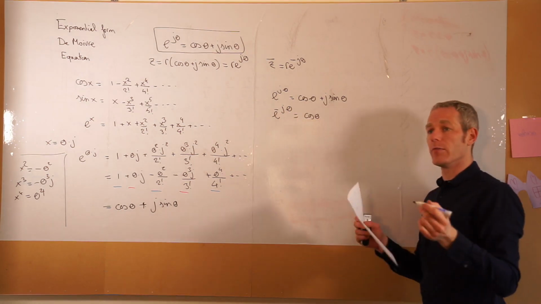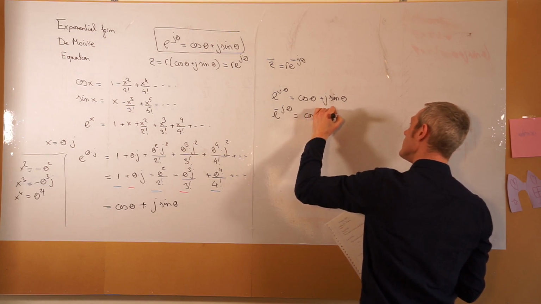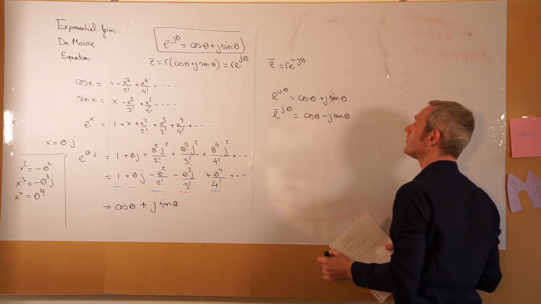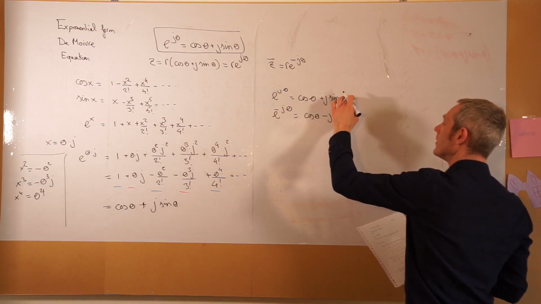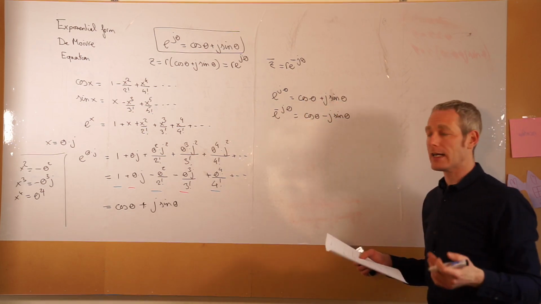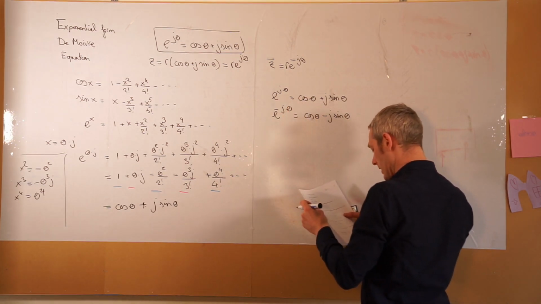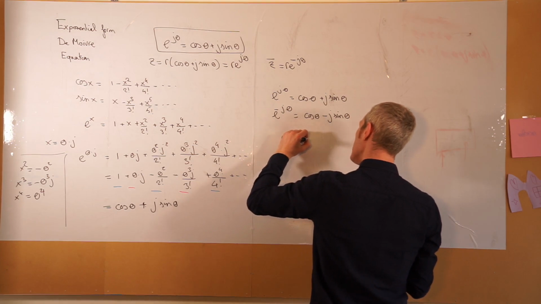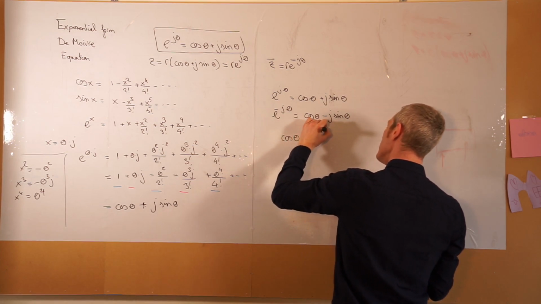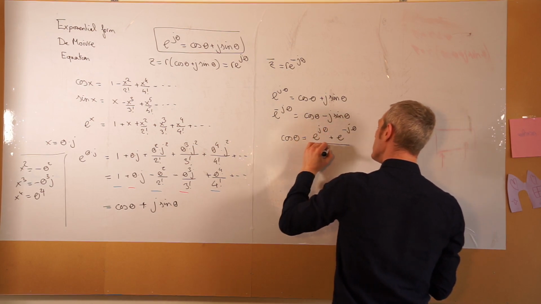The sine of minus theta is minus the sine of theta, so this is minus j sine of theta. If we were to add these two together, these two sine terms would cancel out. We would be left with 2 times cosine, so we get that cosine of theta is e to the power of j theta plus e to the power of minus j theta divided by 2.